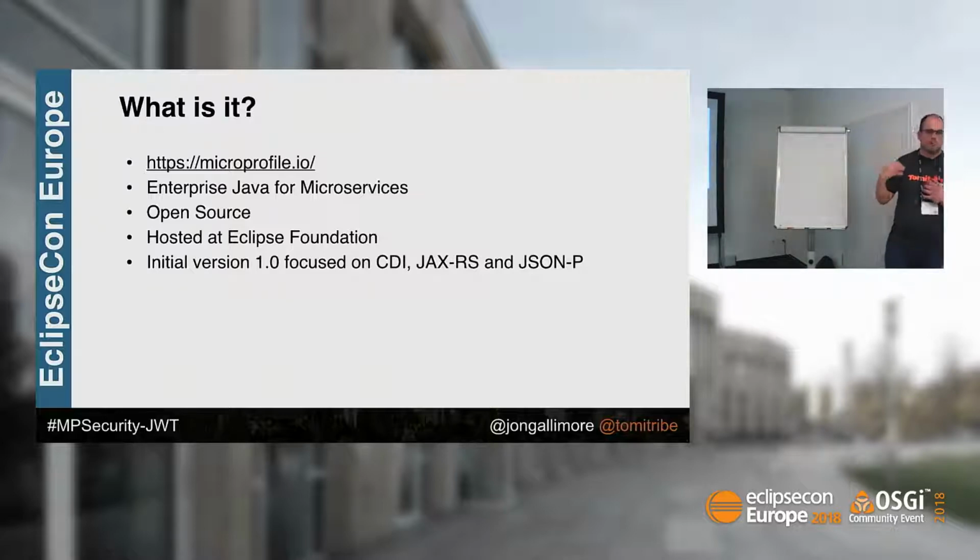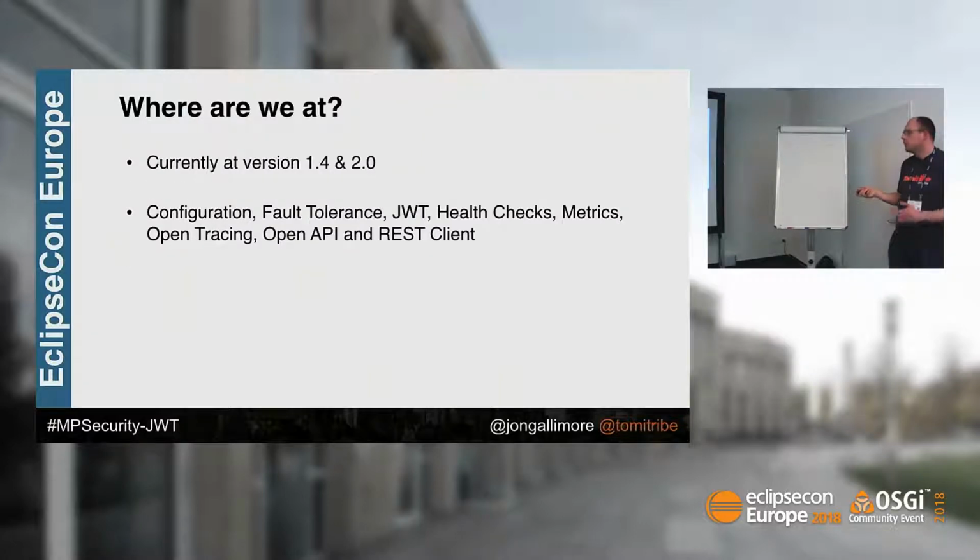So the aim is to put out a release every quarter or so, and we started off with a fairly small set of specifications, targeted at stuff that already kind of existed, but a minimal number of specs to put together a microservice. So CDI, JAX-RS, JSON-P, but it's grown to a much bigger set of specifications, and we're currently at MicroProfile 1.4 and 2.0.